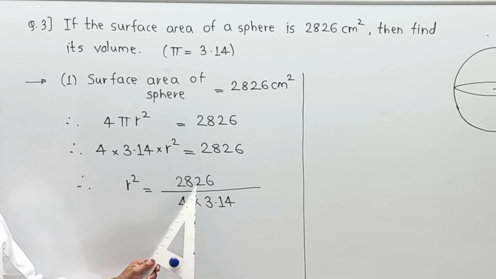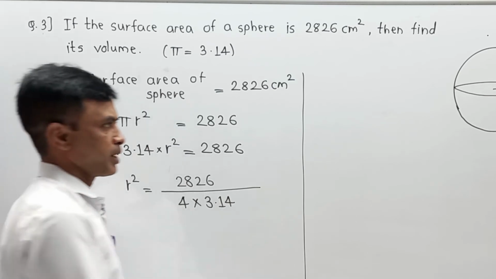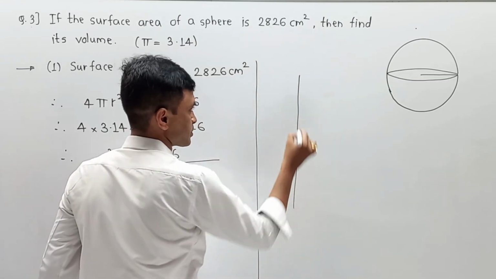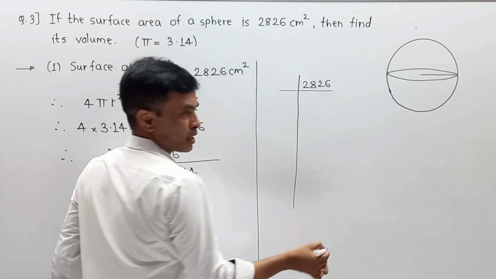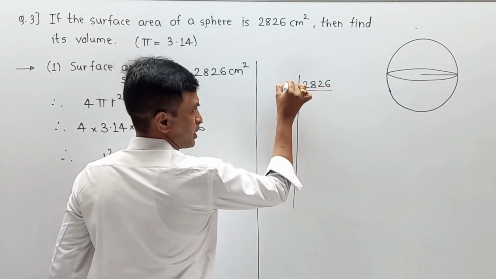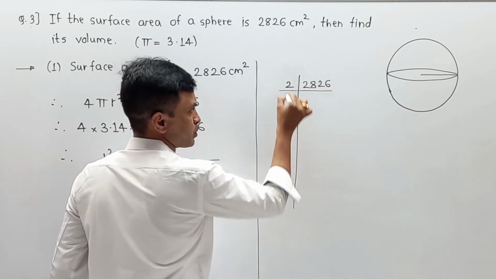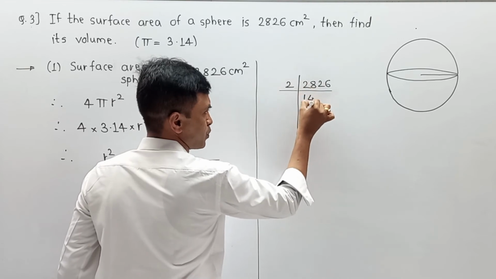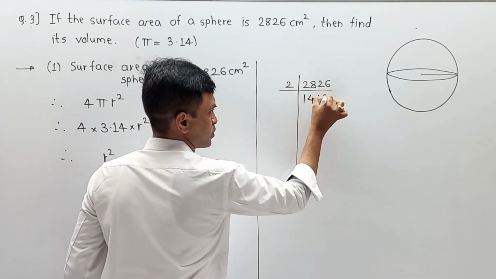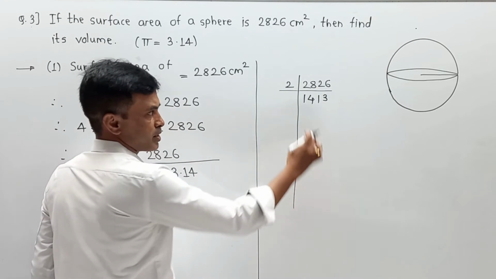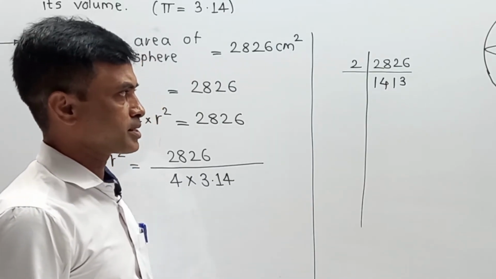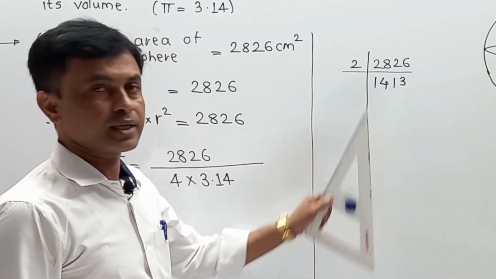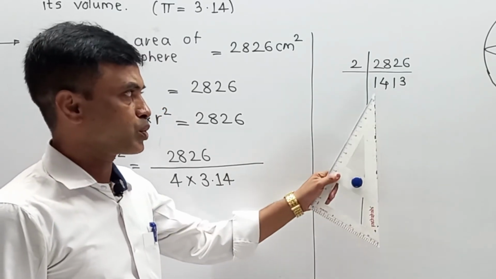So first, division of 2826. As the last number is 6, it is divisible by 2, so I am going to start by dividing by 2. 2 ones are 2, 2 fours are 8, 2 ones are 2, 2 threes are. Again when such a number comes, students automatically get confused. Now after 2, this number is divisible by which number? There are some rules.